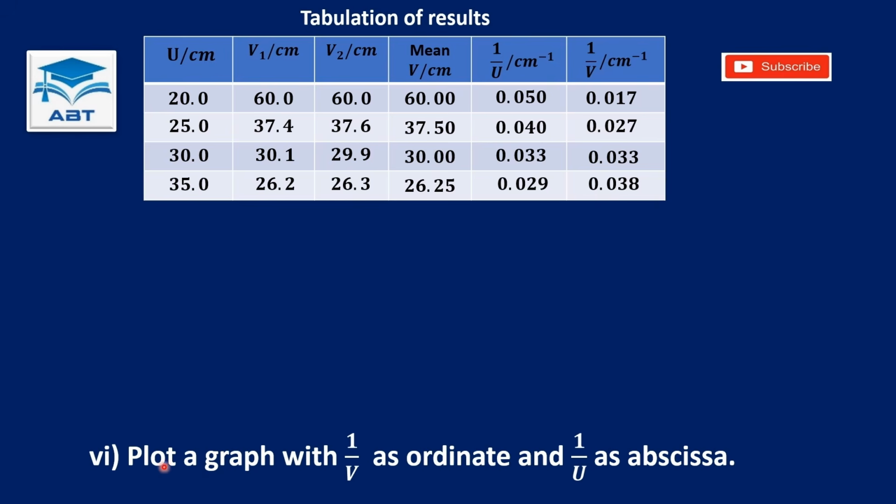And we are going to plot a graph with 1 over V as the ordinate, that is the vertical axis, and 1 over U as the abscissa, that is the horizontal axis.